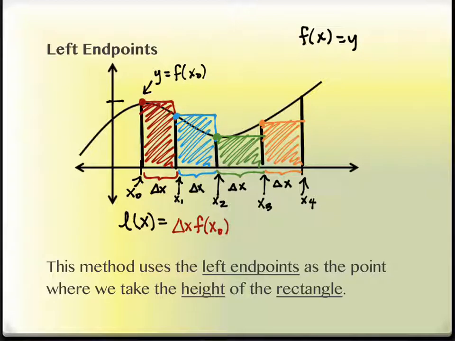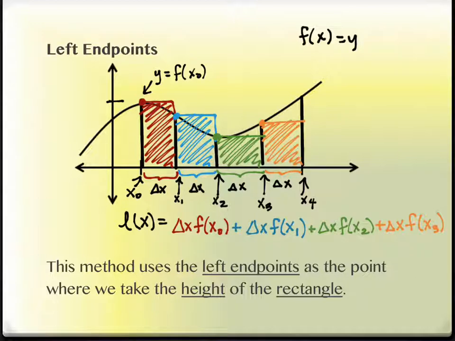On my second rectangle, the blue one, it's delta x times f of x 1. Then I have another delta x times f of x 2 for the green rectangle. And then the orange rectangle, at the end, is delta x times f of x 3.